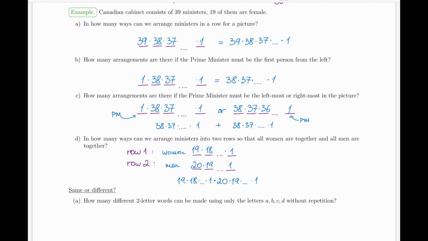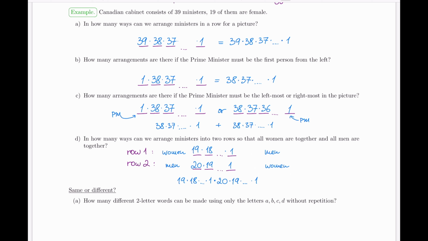Now, the thing that I haven't addressed yet, though, is I simply decided to put women in row 1 and men in row 2. But the reverse situation is, of course, also possible. So I could have men go in row 1 and women go in row 2. The number of arrangements for men and women will not change, but this will give me yet another option.